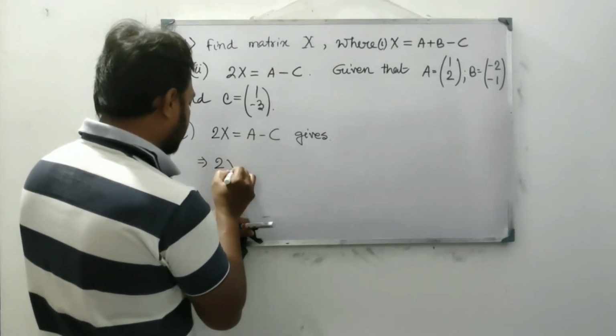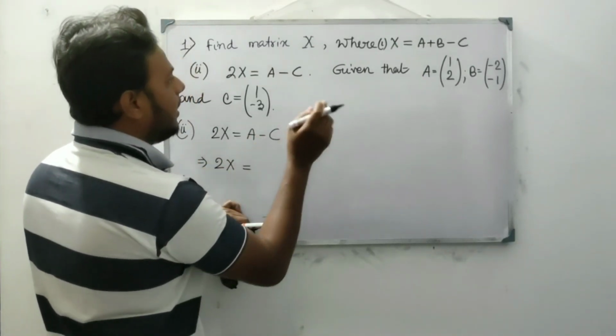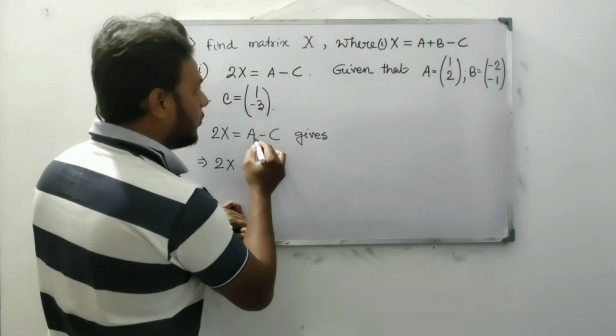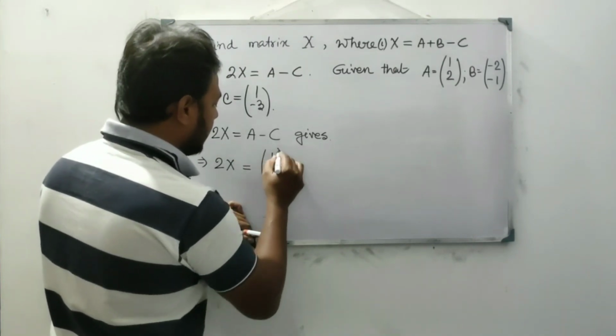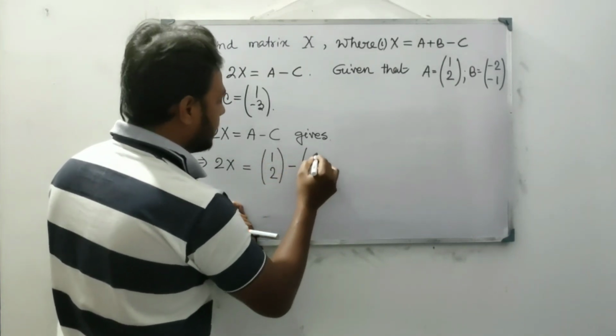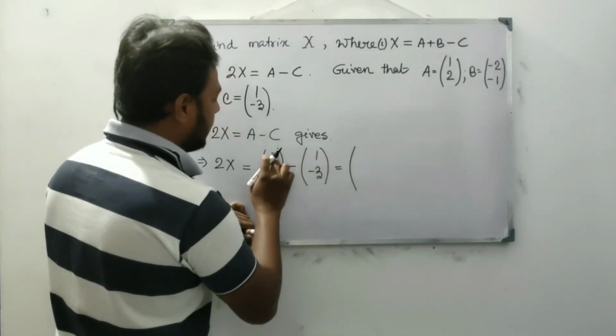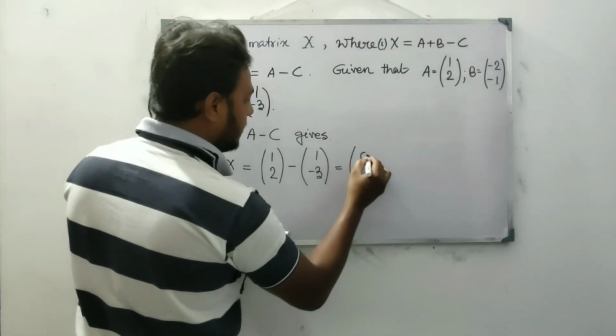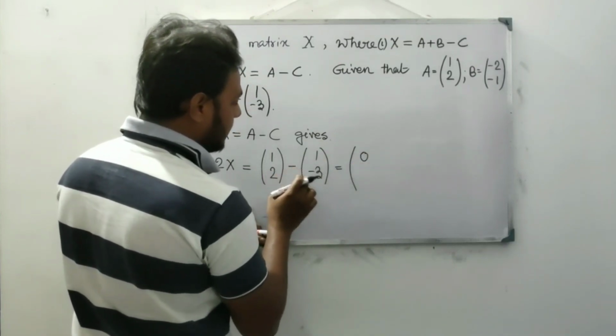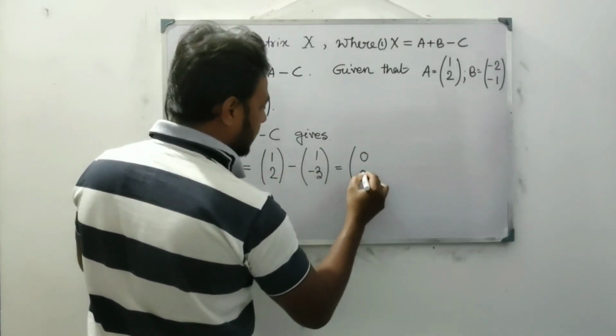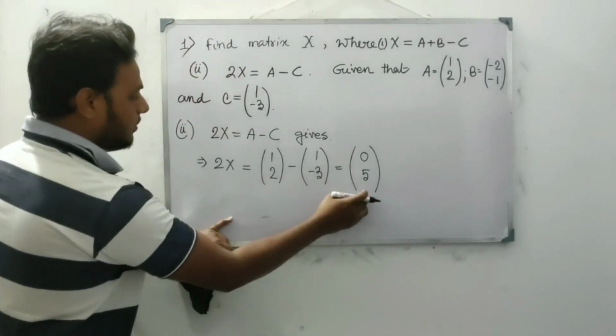So 2X equals A minus C. Put A is 1, 2, minus of C means 1 minus 3. So if you simplify these two, then 1 minus 1, that means 0, and 2 minus of minus 3, that means plus 3, so it is 5. So we get 2X equals this.